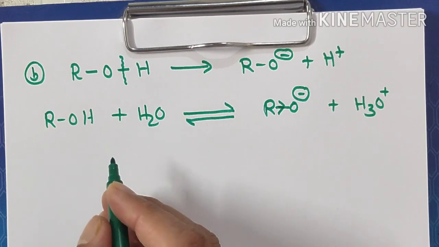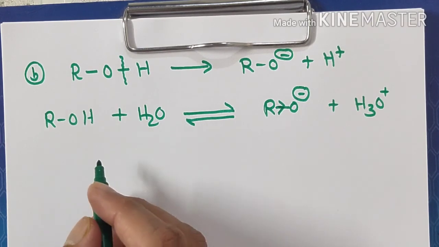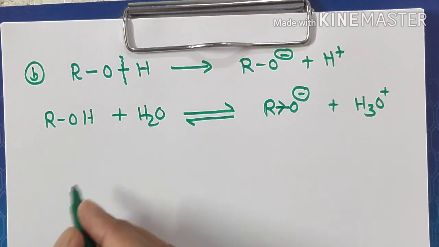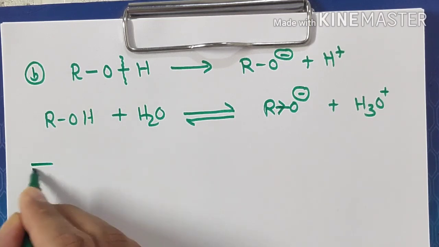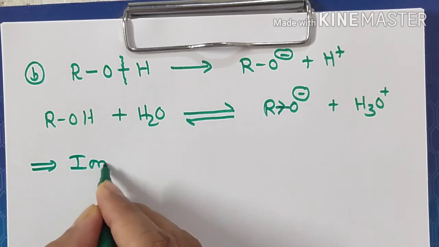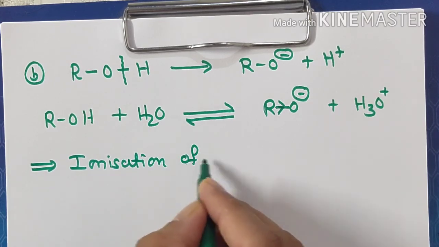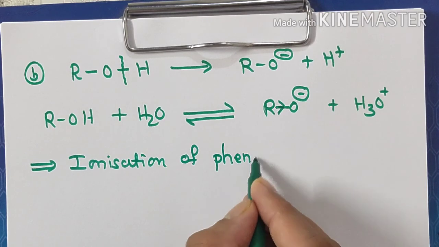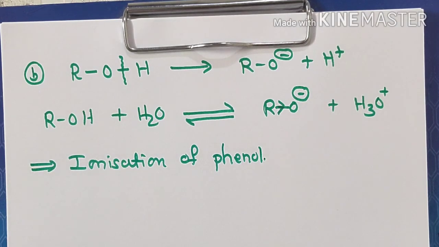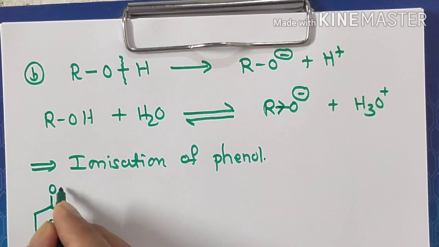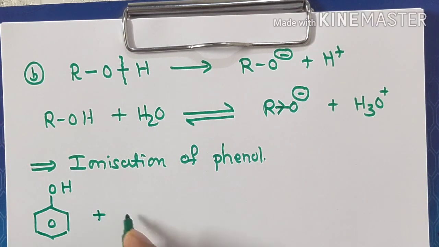Next is the ionization of phenol. Suppose I take phenol. I'll write here the topic, ionization of phenol. Now suppose I take this phenol, OH, and I treat this with water again.